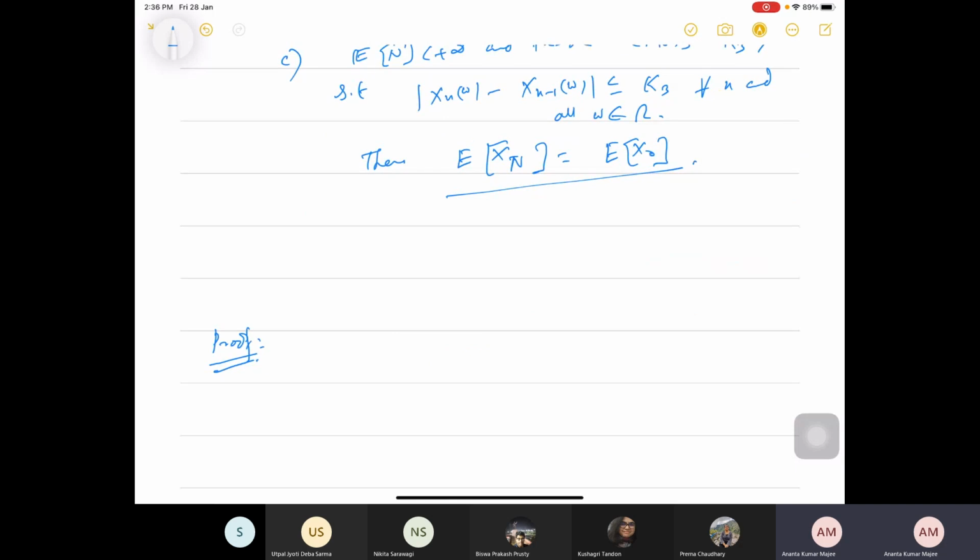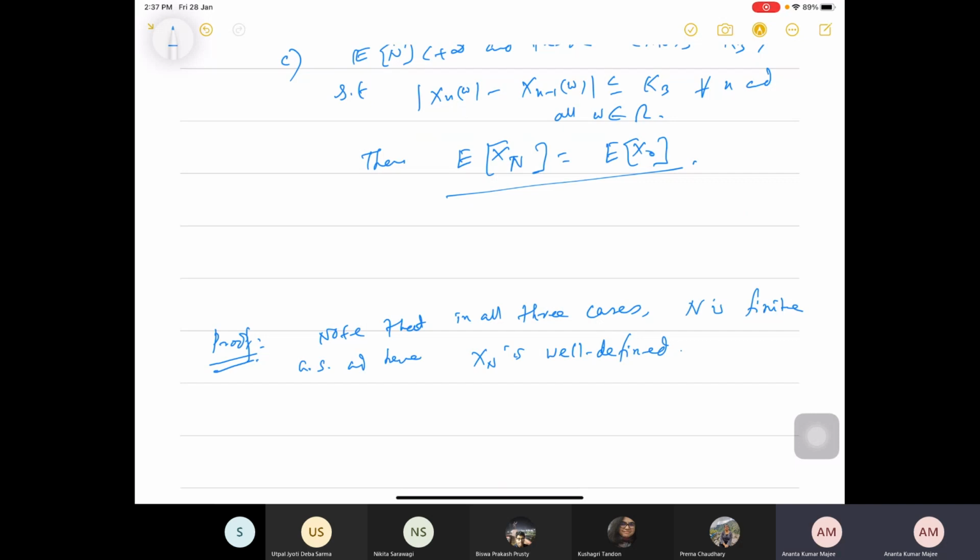Okay. So since N is finite almost surely, I can talk about the stopped process, which makes sense, is it not? Note that in all three cases my N is finite almost surely, and hence X_N is well defined. So what is X_N in this case?